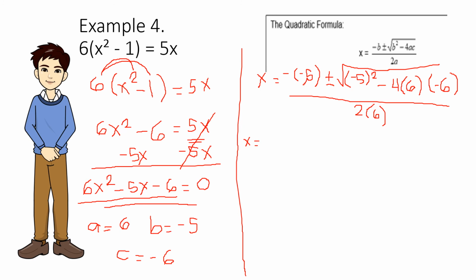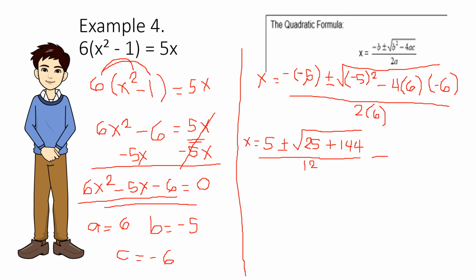We have negative times negative 5, the answer is positive 5, plus or minus square root of, we have 25, that is negative 5 times negative 5 is 25, then negative 4 times positive 6 times negative 6, we have positive 144. All over 2 times 6, the answer is 12.